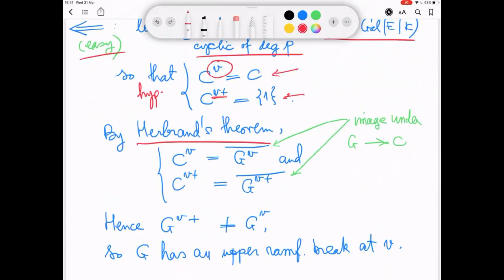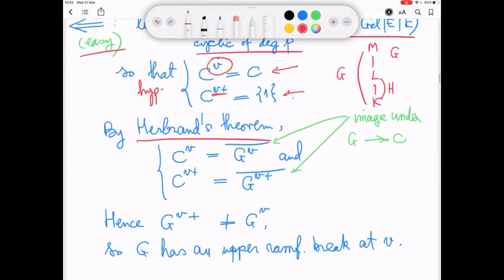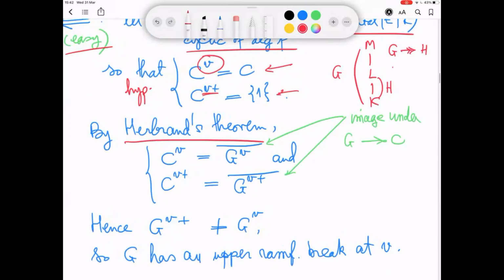I am going to use it in this form: when I have this group, let's say G, and this group is H, then of course there's this map from G. Meaning H is a quotient of G, and H upper V is the image of G upper V under this quotient map. That's Herbrand's theorem, right?